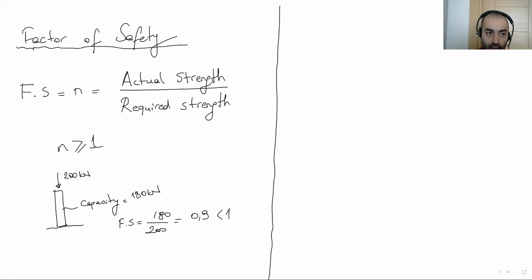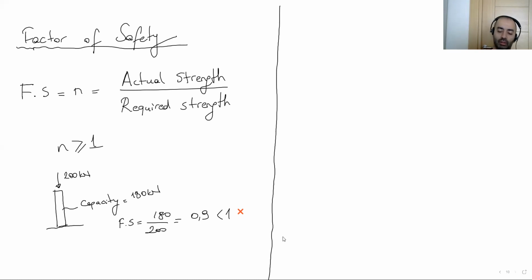It doesn't work for us, because our factor of safety should be at least 1 for a design. But what we suggest is 1.3, 1.5, because there will be many different things on a construction site.